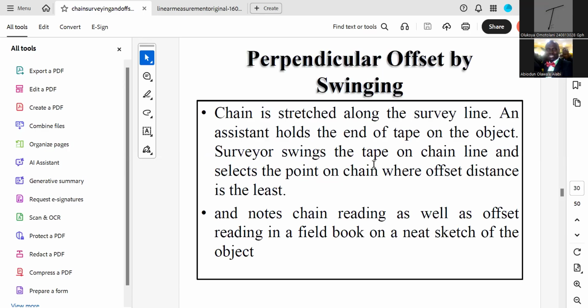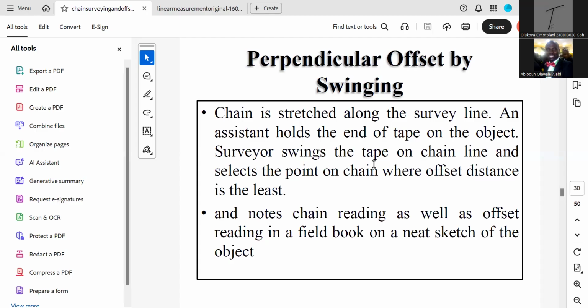Now, perpendicular offsets by stringing. I've told you how you can achieve perpendicular offsets by stringing the tape. You take the zero end of the tape from the objects, then you string it to the chain line or the main survey line.